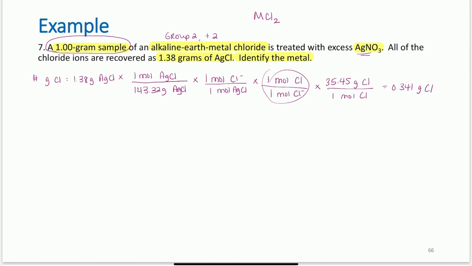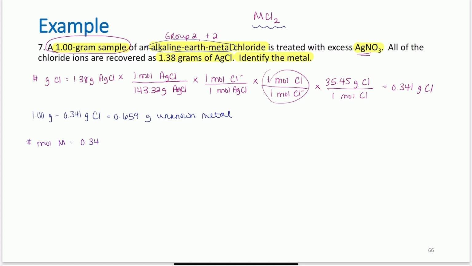The entire sample weighed 1 gram. So 1 gram minus 0.341 grams from the chlorine tells me I have 0.659 grams of unknown metal. Again, the unknown metal is an alkaline earth, so the formula of the compound has to be MCl2. I want to know the number of moles of metal I have.